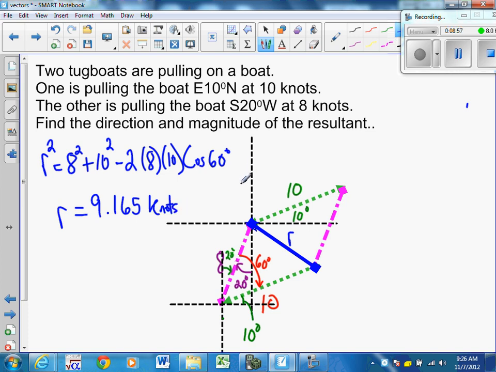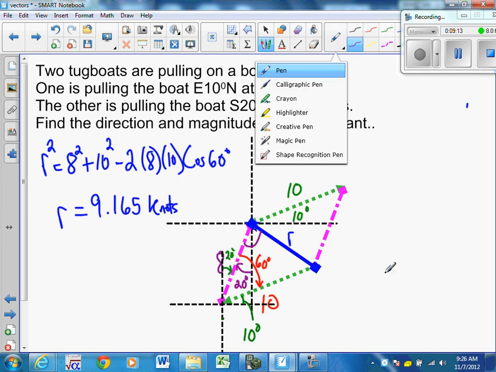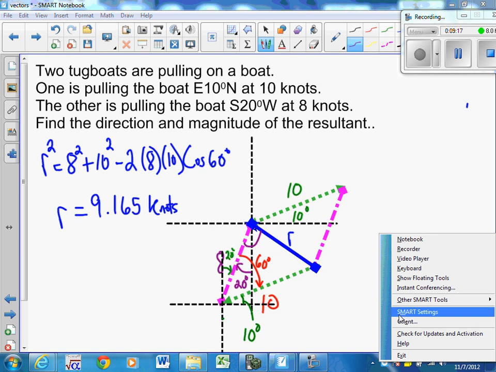Now we need to determine the direction. So what I'm going to find next is this angle of my triangle right here. I don't know if you can see that there.